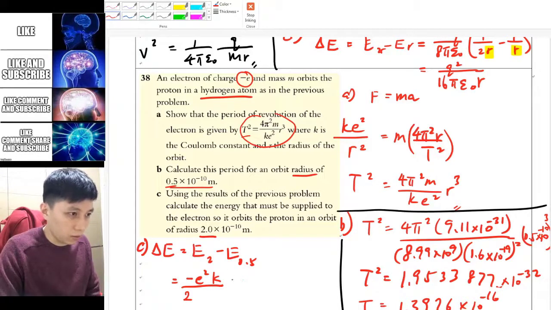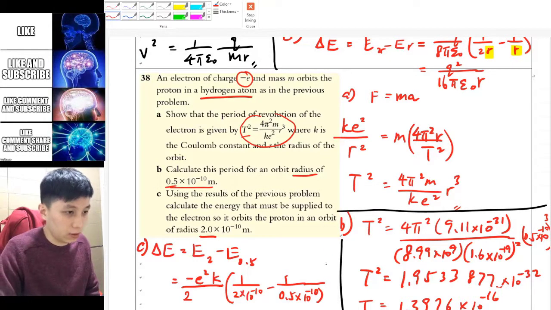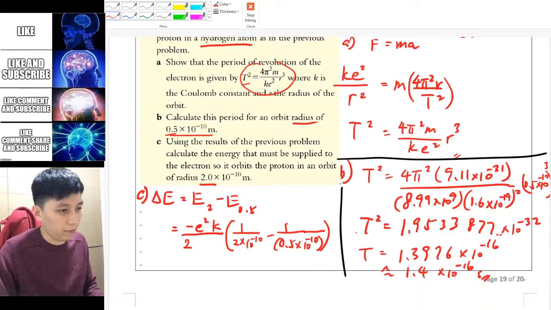Then you would have 1 over 2 times 10 to the negative 10, minus the original one, which is 0.5. That should give you the answer.